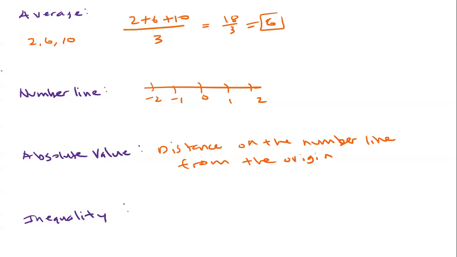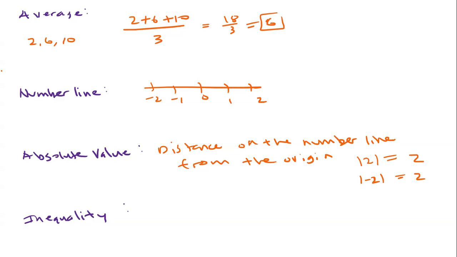Okay. So let's say, for example, 2, right? The absolute value of 2 is 2. And then if I put -2 in there, the absolute value of -2 is also 2.